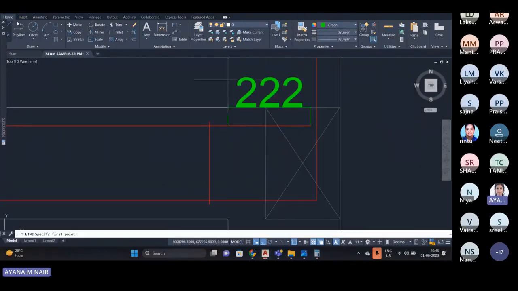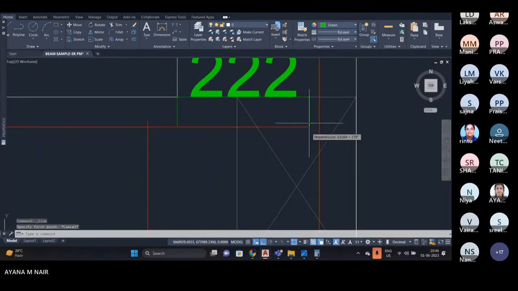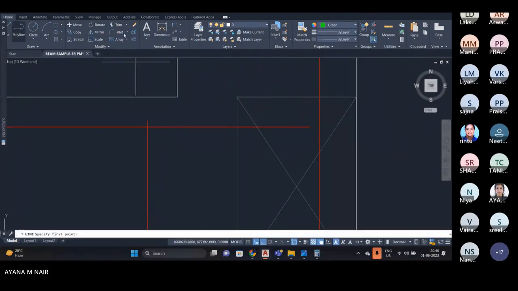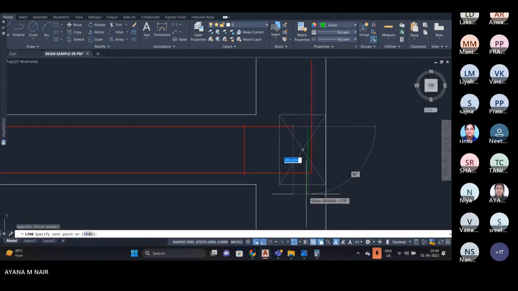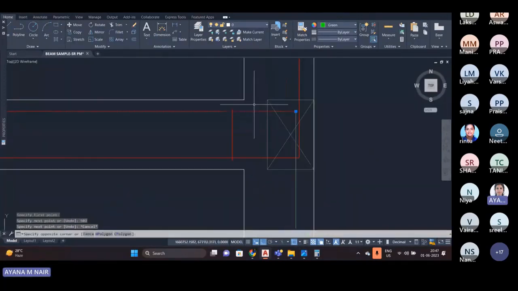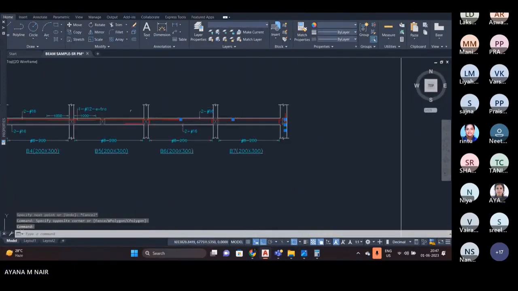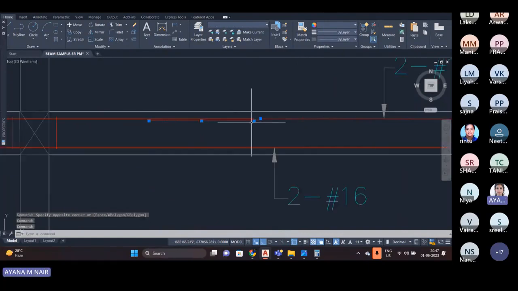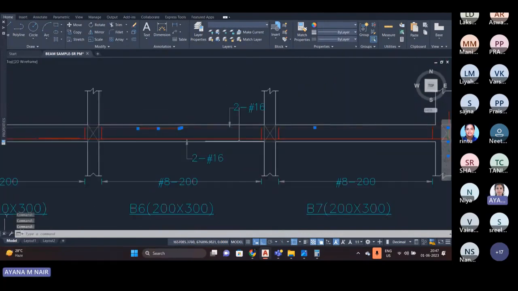So pick a line and draw. It has 503. Now join all the lapping together.